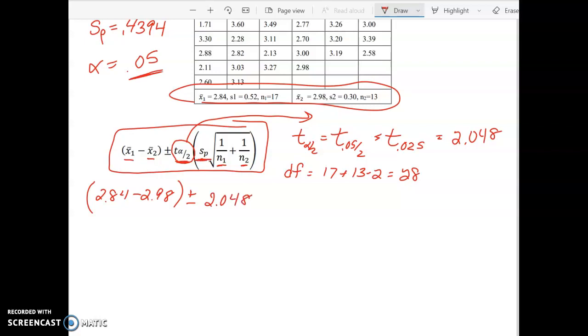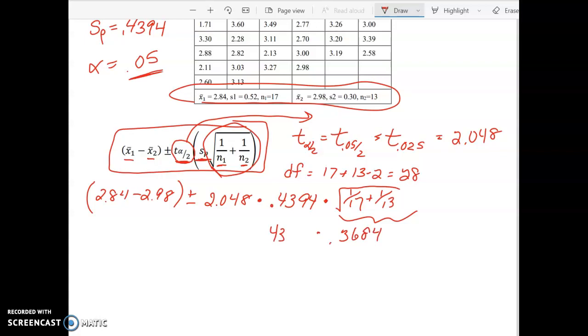Then we need SP, and that is from the previous problem we calculated it, 4.394, and then that's going to be multiplied by this quantity here, which is the square root of 1 over 17 plus 1 over 13, which when we do that, we end up with 0.3684.